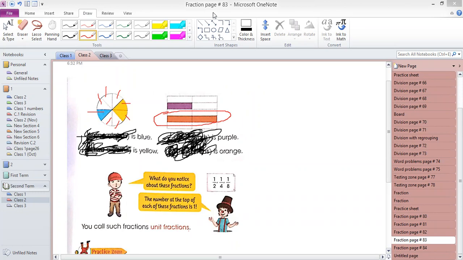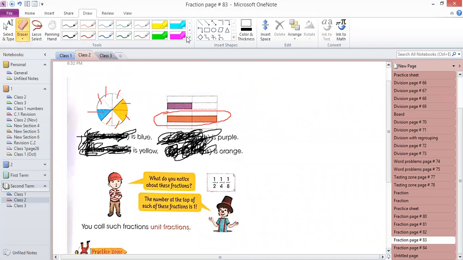Okay, I take one of the students, Jamal Badr. Yes, sir. Can you tell me the portion of the orange? 2/10. You mean this? Yes. Good, very good.